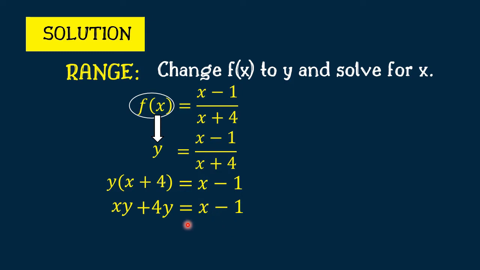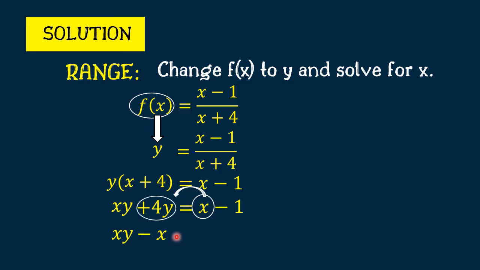Next, since we're looking for the value of x, we have to transfer positive x on the left side so that we can solve for the value of x together with xy. So to do that, we have here xy minus x. Since x is positive on the right side, it will become negative x on the left side.